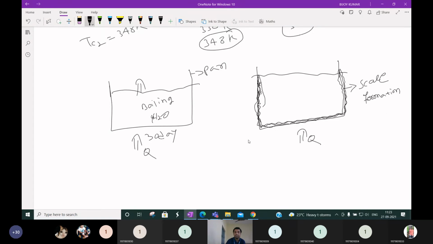Okay, my next question is, if you take a new one and an old one in which the scale is deposited and we apply the same heat, in which case will the water boil fast?